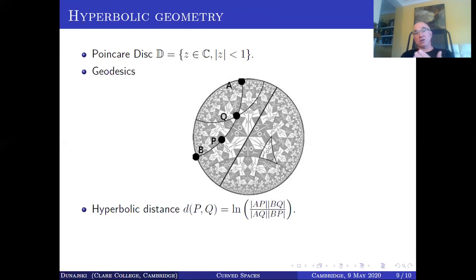So you can check that the first 4 axioms of Euclid are satisfied for this model, but the parallel axiom is not.